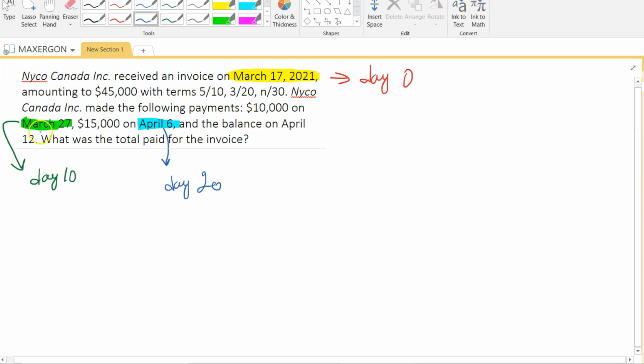Because the March 27 partial payment was made on day 10, we fall into this first discount window, and the first payment is subject to 5% discount. This means that credit X1 will be given for the first partial payment. How big is this credit?